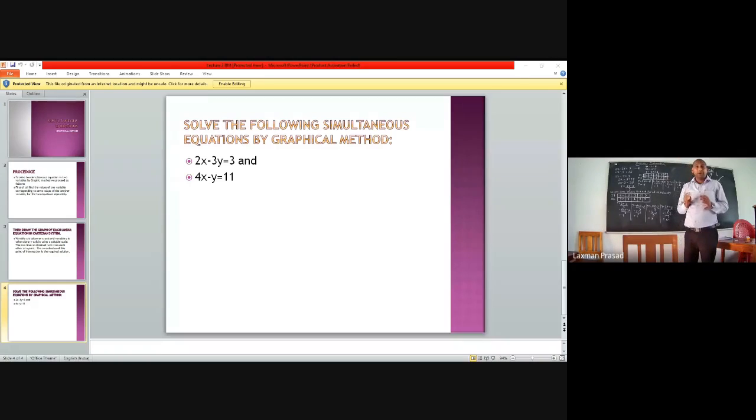The point where they intersect each other, see, in this point, the value of x is 3 and the value of y is 1.